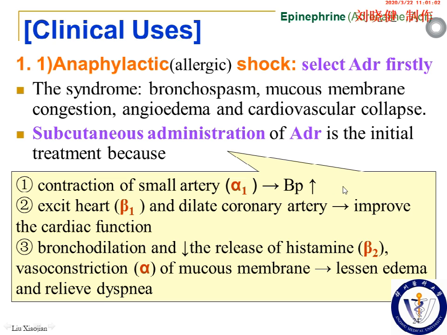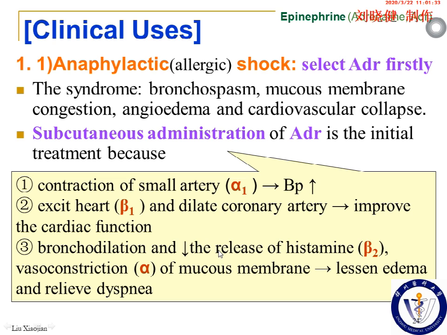So increased blood pressure improves the blood supply to the vital tissues. It also activates beta-1 in the heart and dilates the coronary artery. So this response is very useful to improve the cardiac function.